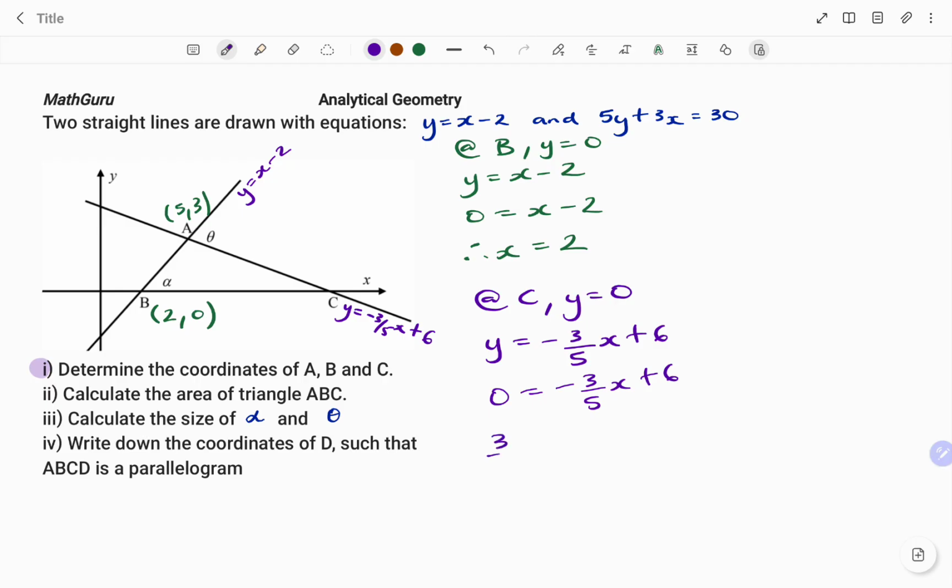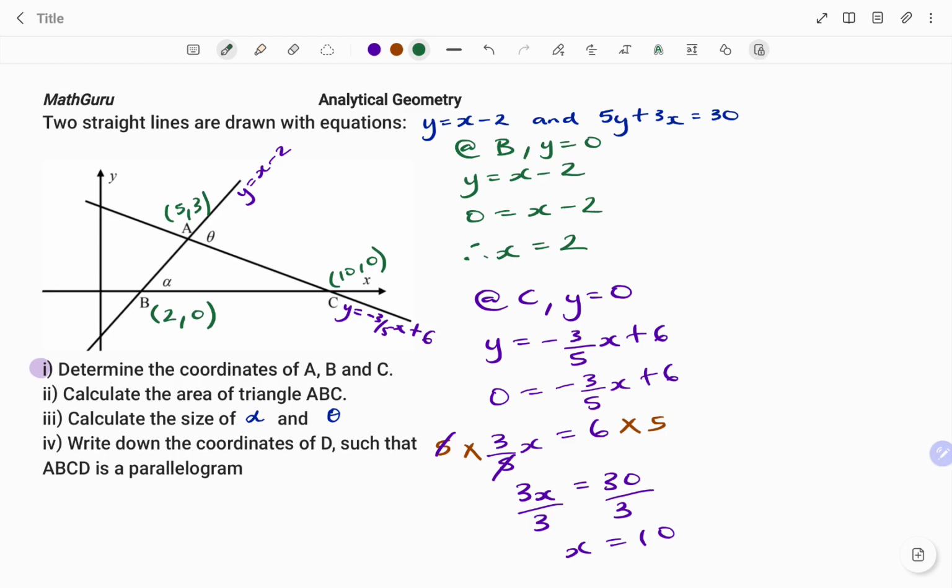I have 3 over 5 x equals 6, multiplying both sides by 5. Whatever you do on your left, you do on your right. I'm left with 3x equals 30. Therefore, dividing both sides by 3, I have x equals 10. So at point C, the coordinates will be x is 10 and y is 0.